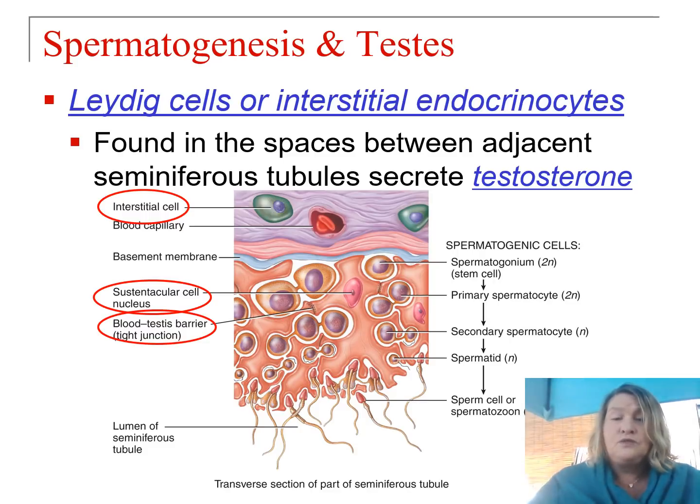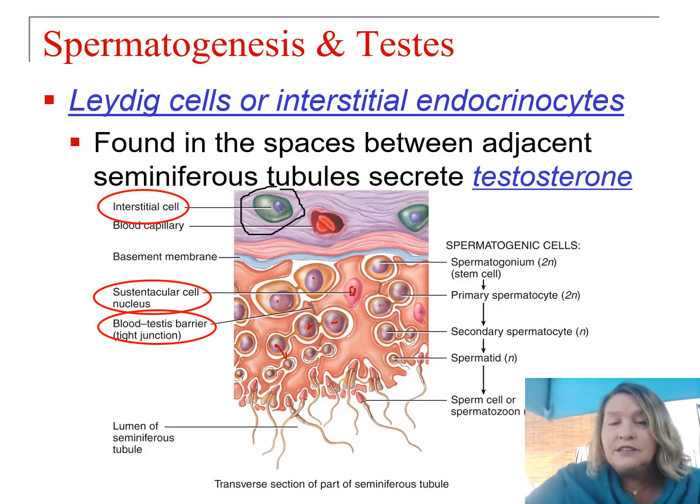This is a great picture because it actually shows you the interstitial cells. So there's the interstitial cell there, and then these large Sertoli cells. Now, I'm going to put dots on the ones I'm marking. Those are all sperm cells.